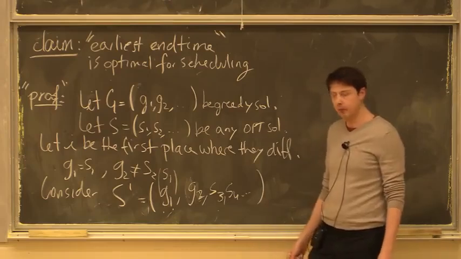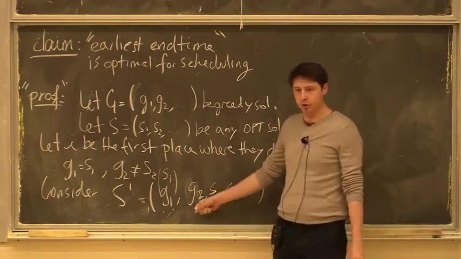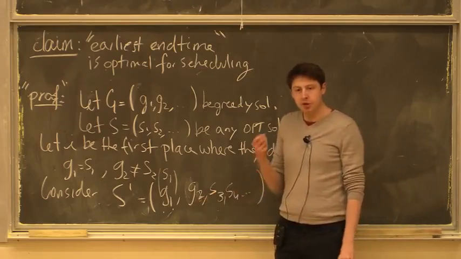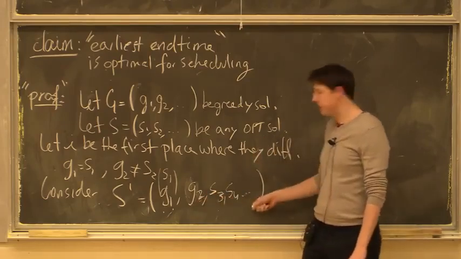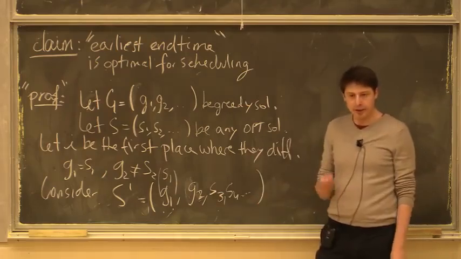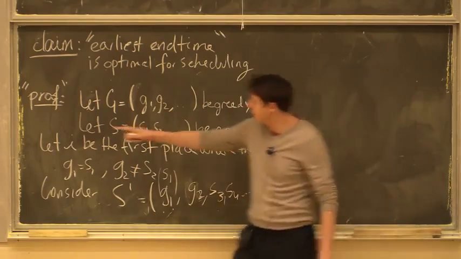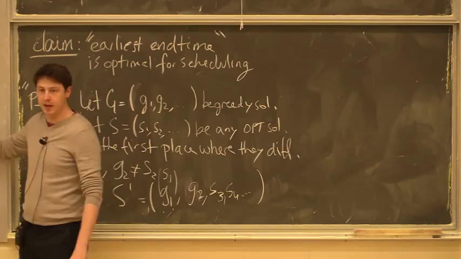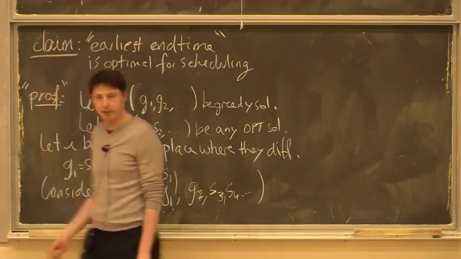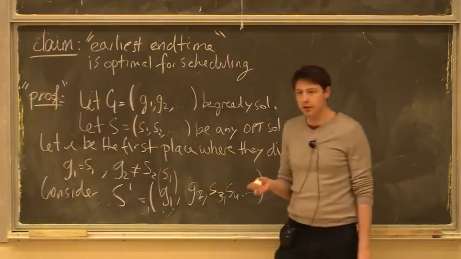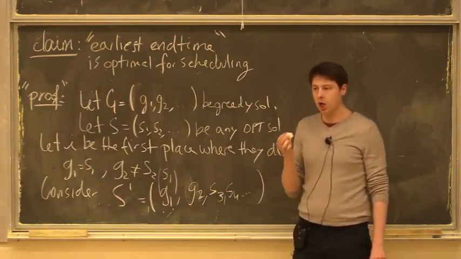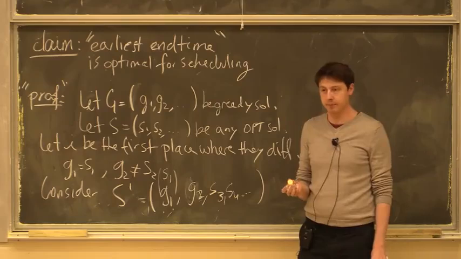Okay? Well, let's think. When was G2 chosen? At the time that G2 was chosen, all of these were options that had not been chosen yet. They were here in the set A minus S when G2 was chosen. But look, G2 was chosen to be the one with the earliest end time.